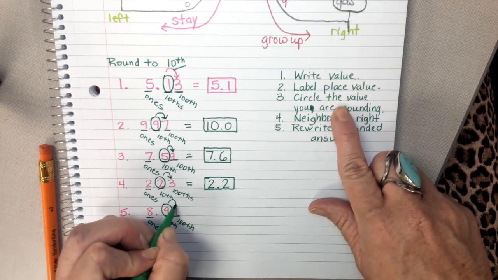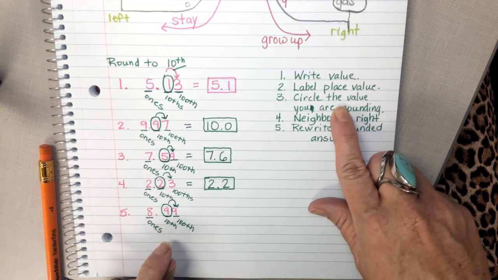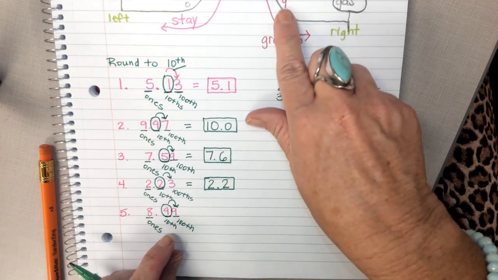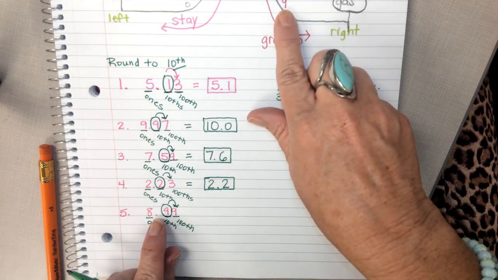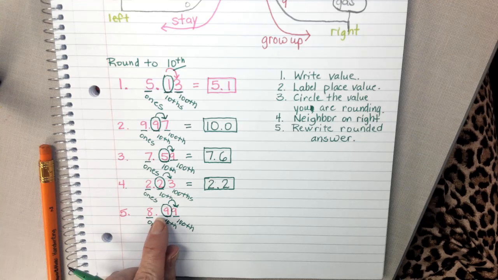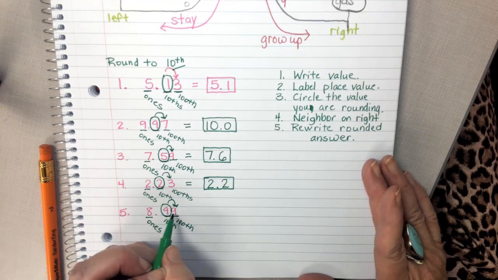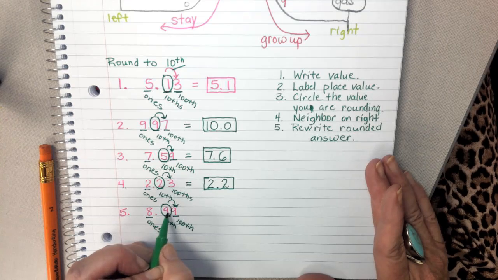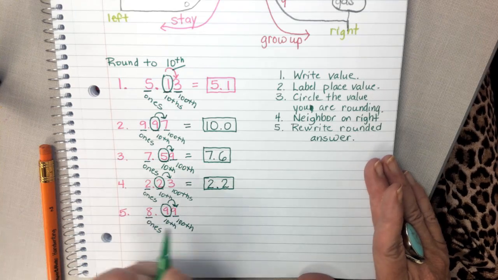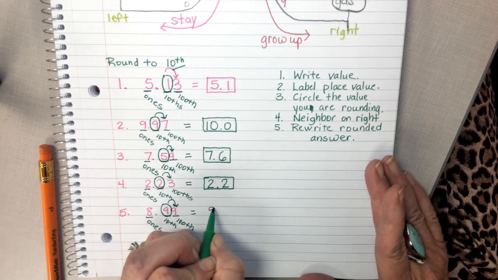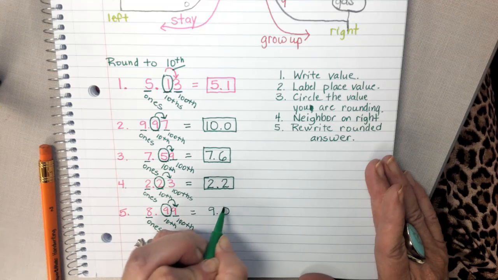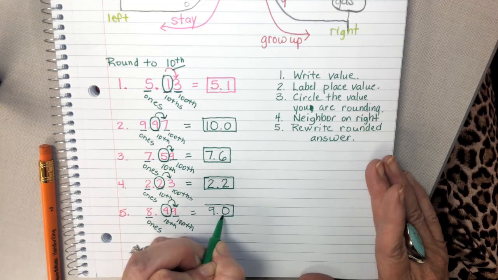We're going to knock on our neighbor's door. And our neighbor says to grow up. So now I'm going to step back and think about this number. Well, what would come after 8 and 9/10? That would be the number 9. So we would bounce this number up to 0, which would give this another whole, meaning that this value is also rounded to the nearest tenth, the number 9.